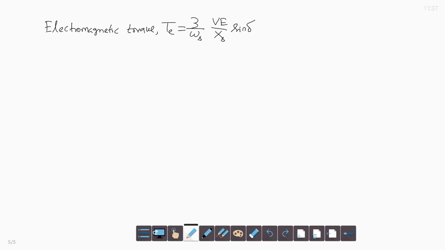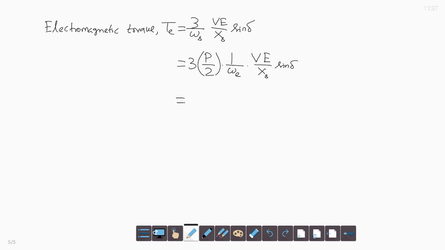Delta is the torque angle or power angle. So, we can rewrite it as 3 into P by 2 into 1 by omega e into V E by Xs sin delta.